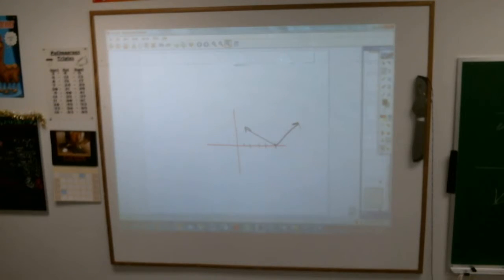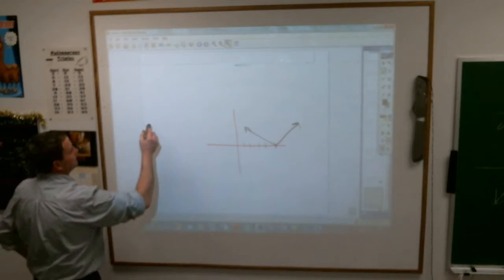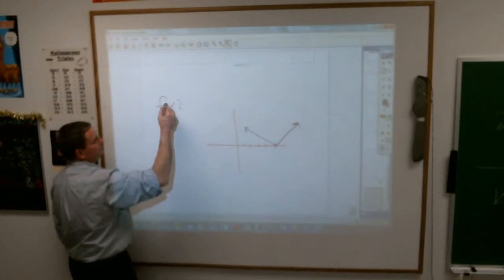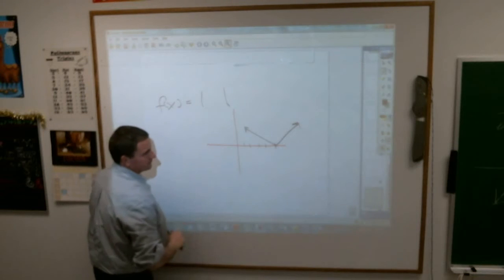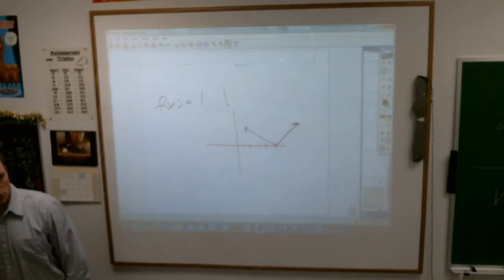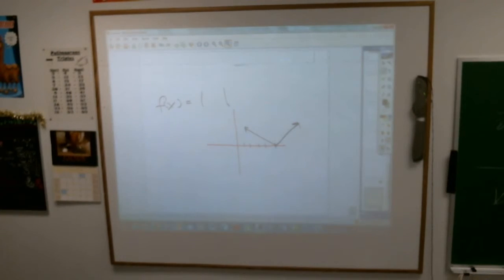Oh, dang, that's hard. Wait, is it plus whatever number outside of the absolute value? Didn't get it. You tell me, just think backwards.